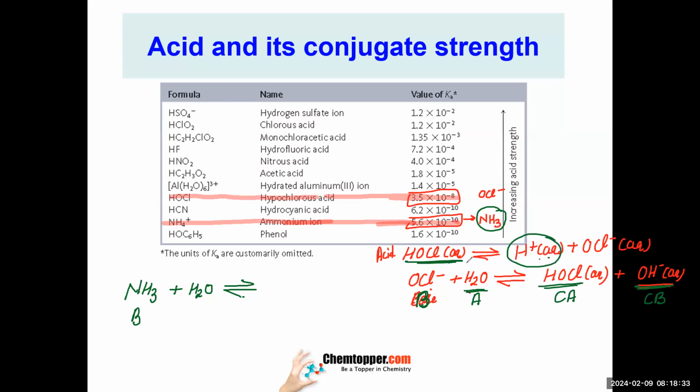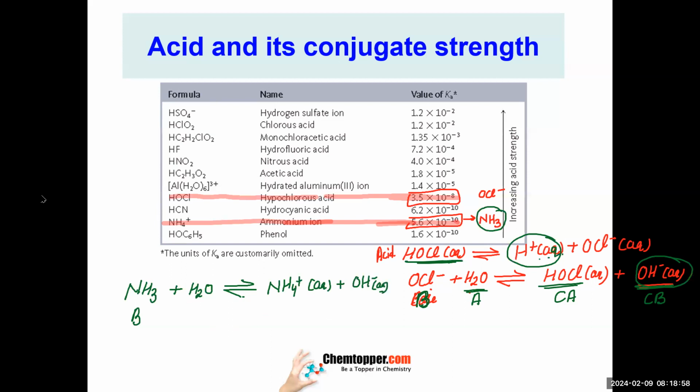For acid, we may not need that water in the equation, that we can simply do as aq. But for the base, water is compulsory because how are you going to show OH minus then? Yes, ammonium plus aqueous and OH minus aqueous.